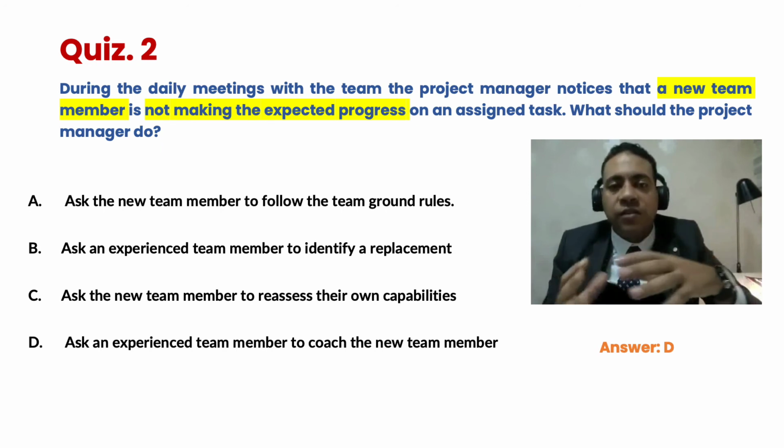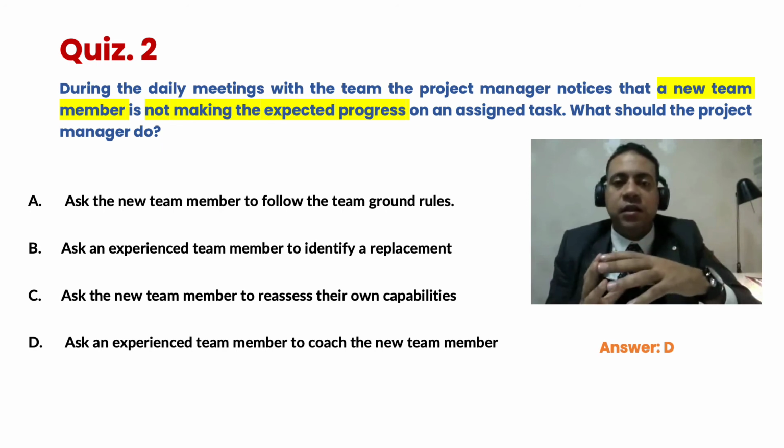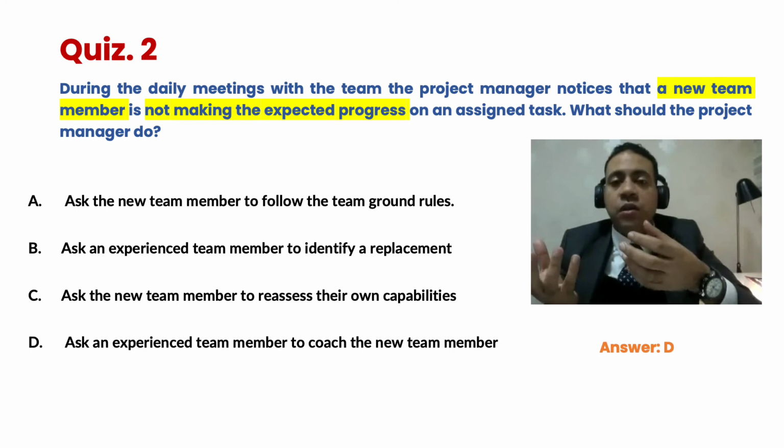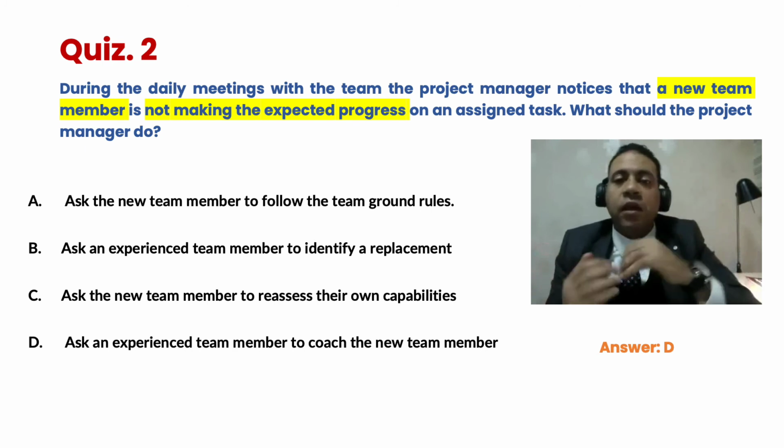What about answer B? Ask an experienced team member to identify a replacement. So you are going to replace the novice or less experienced team member with a more experienced one. This doesn't help to solve the problem.